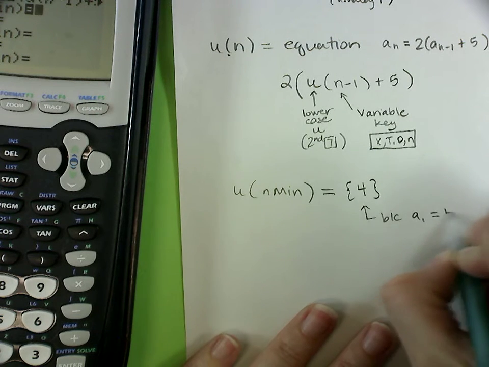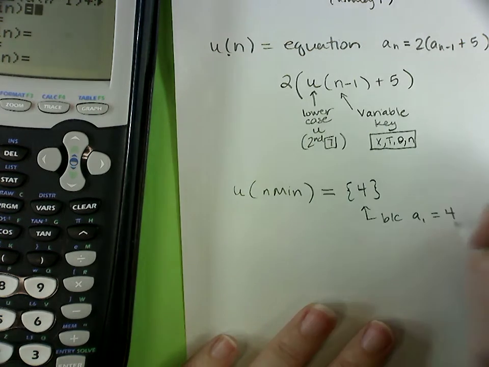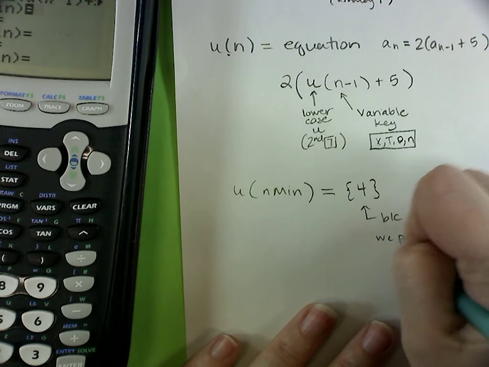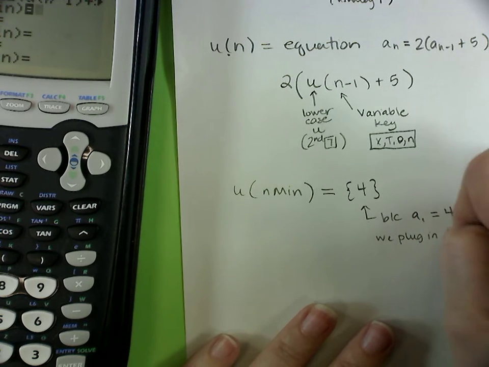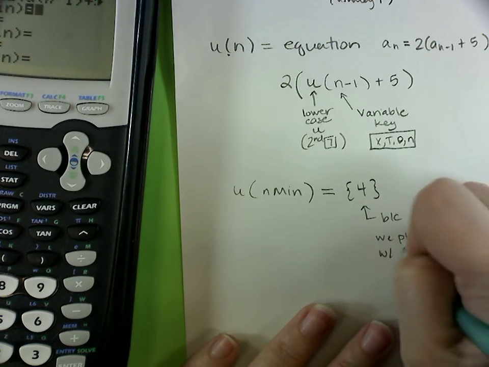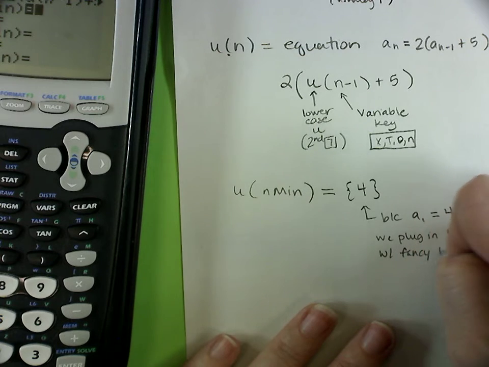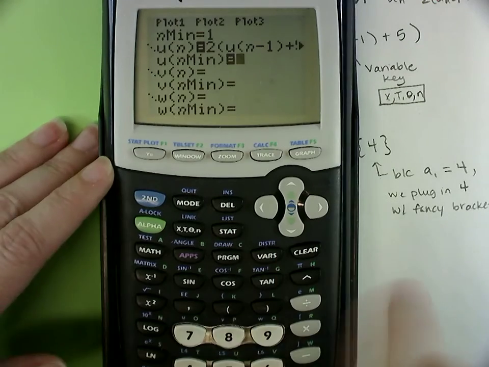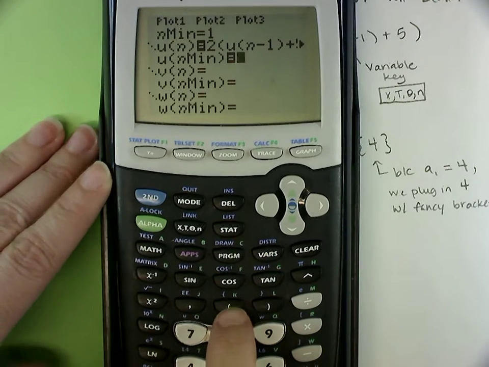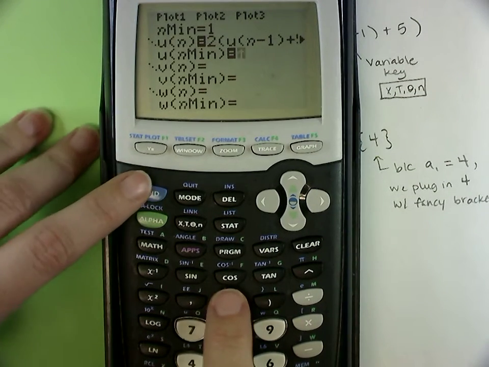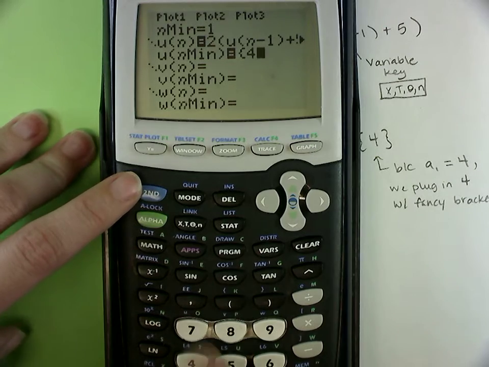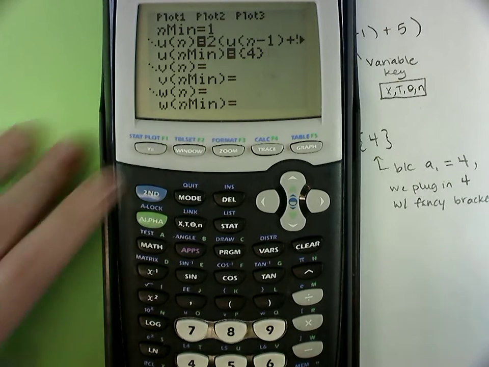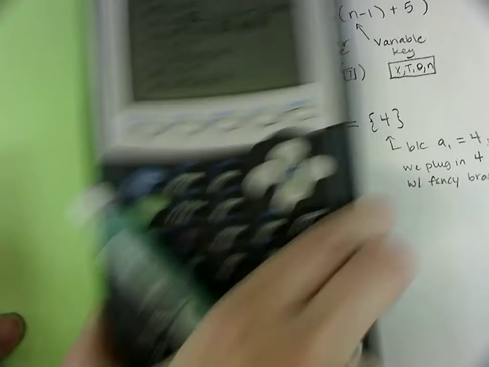Because a sub 1 equals 4, we plug in 4 with fancy brackets. And then I'll show you how to do your fancy brackets as well. Your fancy brackets are right above your parentheses. So I'm going to do second parenthesis, 4, second close parenthesis.